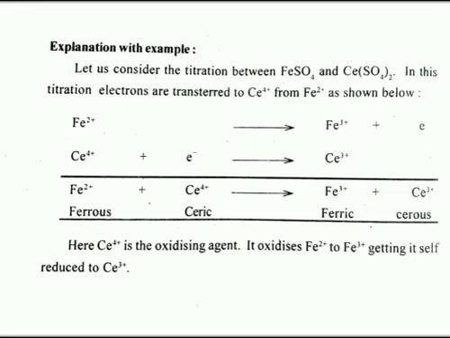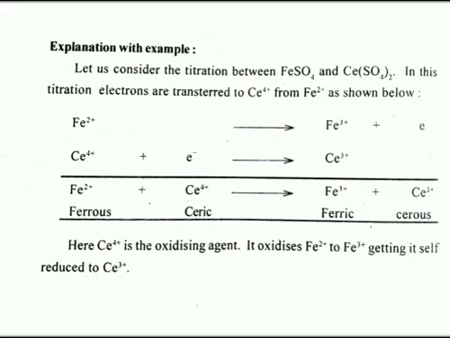When we sum up these reactions, Fe2+ plus Ce4+ gives Fe3+ and Ce3+, that is, ferrous plus ceric gives ferric and cerous ion.